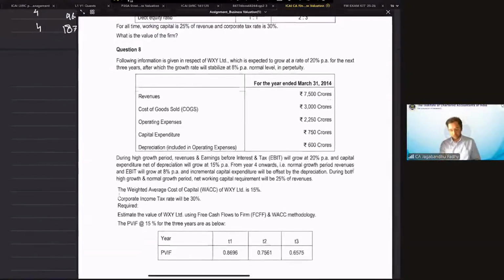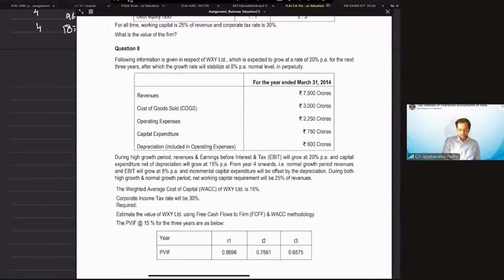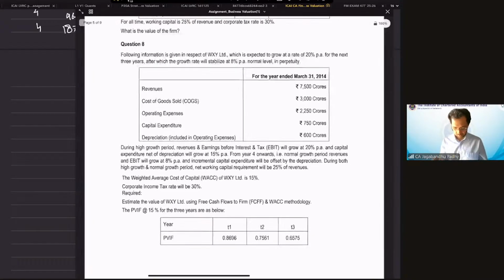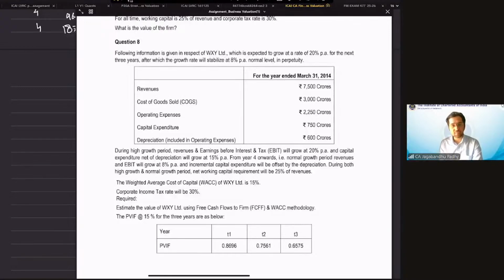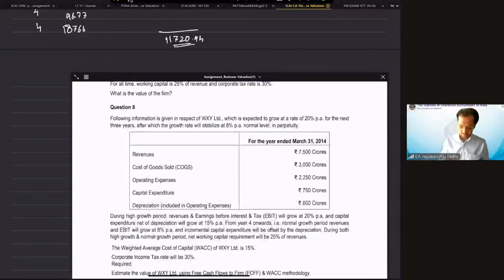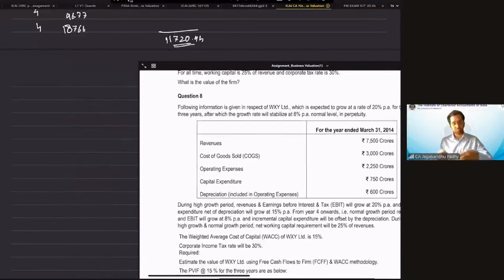So we have revenue of 7,500 crores in year 0. Now we need the revenue and other numbers for the subsequent years. Revenue is 7,500, and we say that the revenue is going to increase every year by 20%. I'll just solve it on pen and paper.